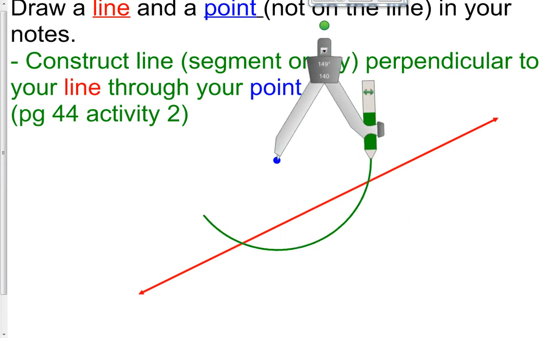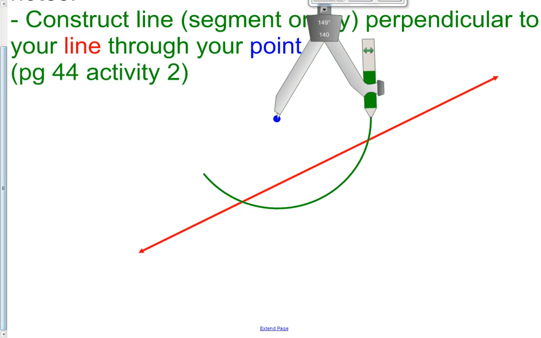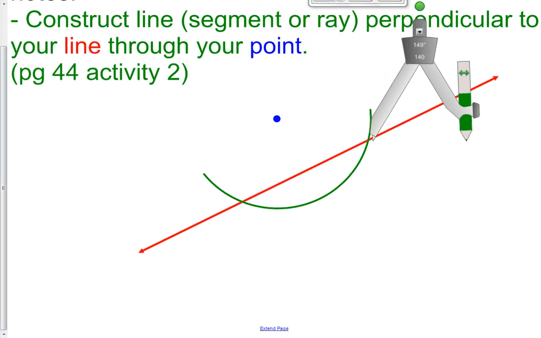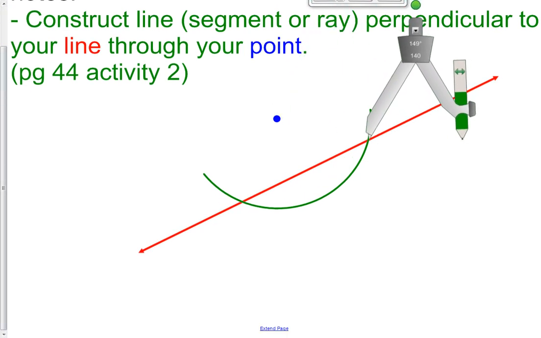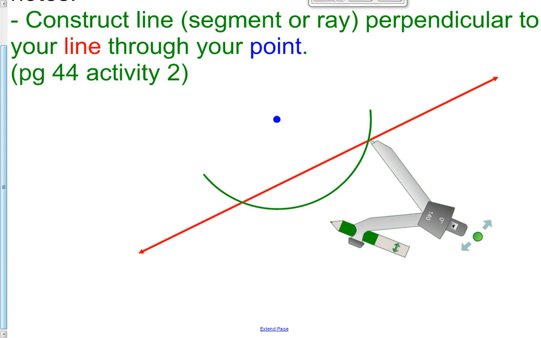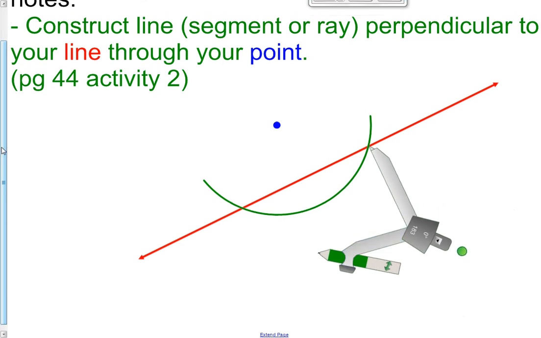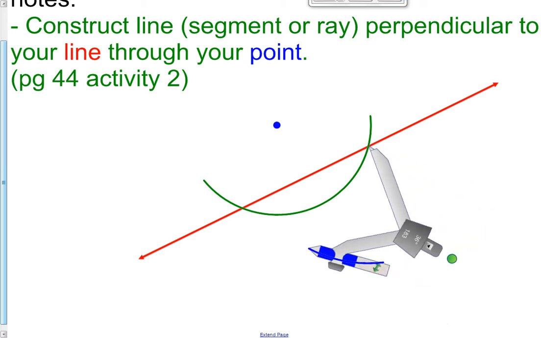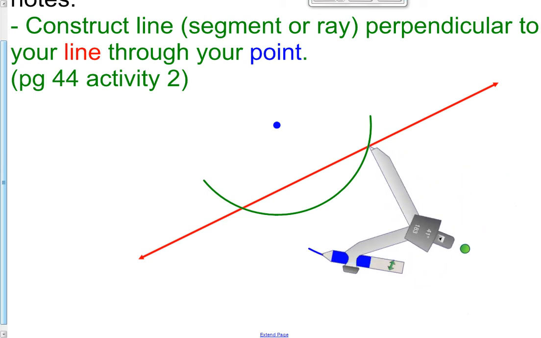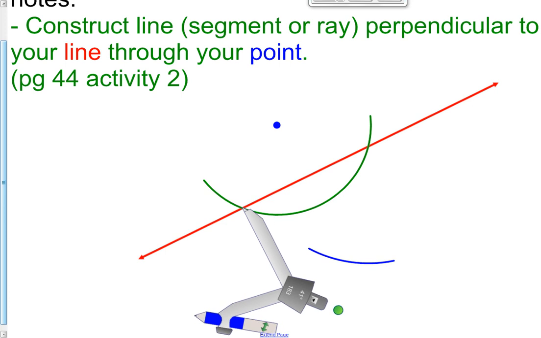Now that you have this, you're now going to put your point at one intersection, and you're going to make an arc. Open it up a little bit. You're going to make an arc below the line, and then you're going to make an intersecting arc using that same compass setting.